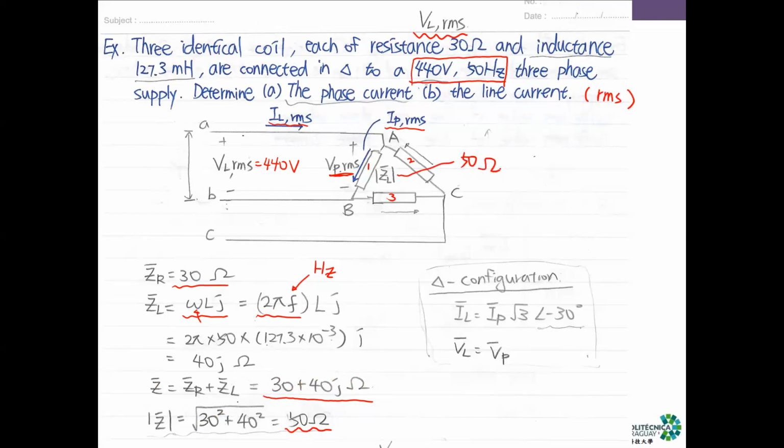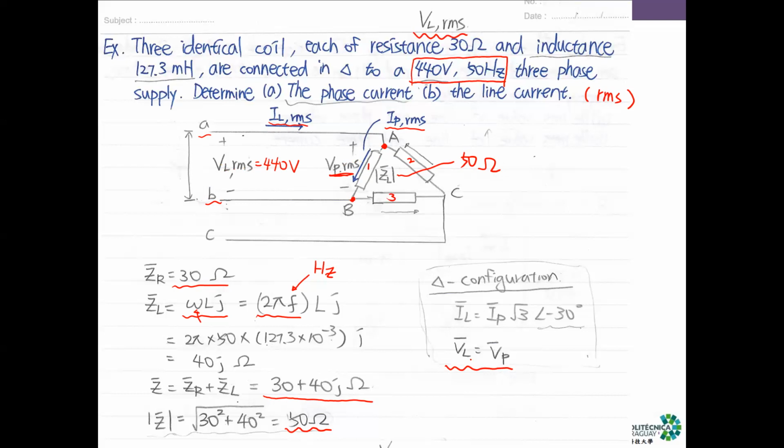Because it is delta configuration, if you look at the voltage between small a and small b, it equals the voltage between capital A and capital B. It means V_L equals V_P, which means the line voltage equals the phase voltage. So for delta configuration, line voltage equals phase voltage.